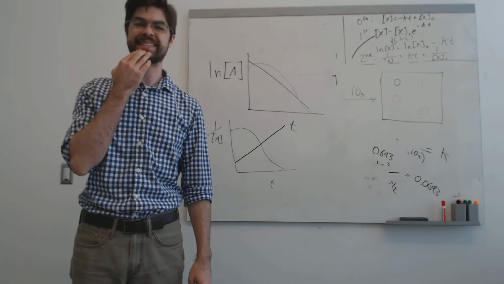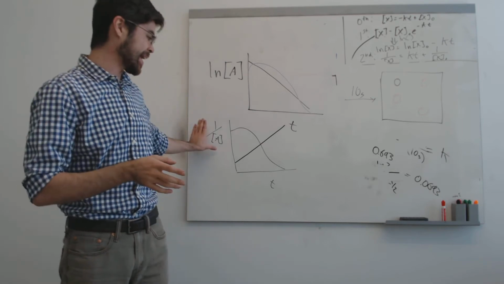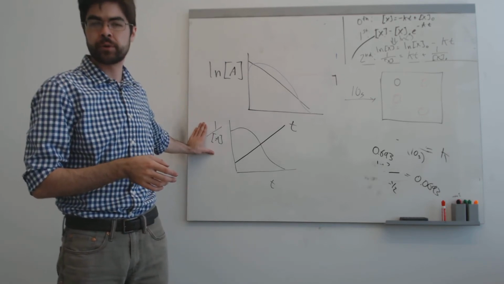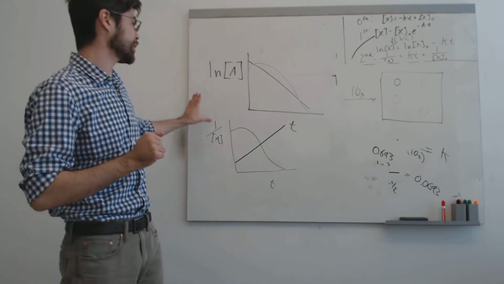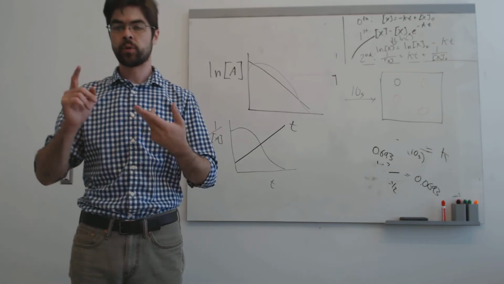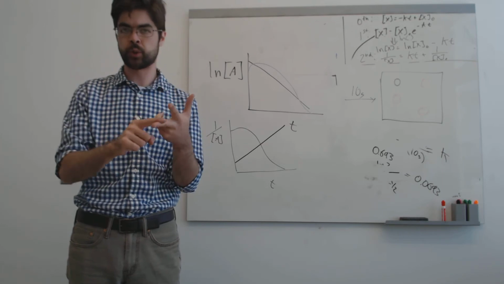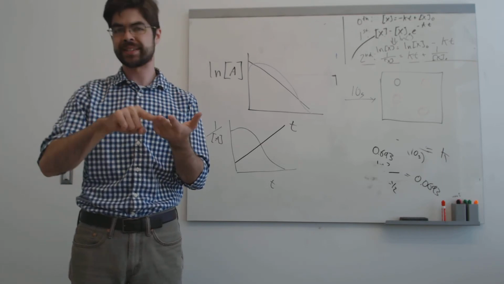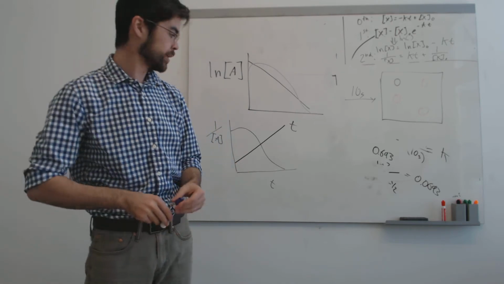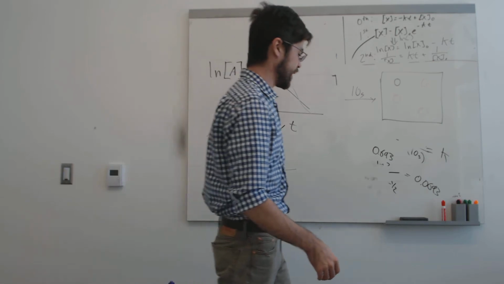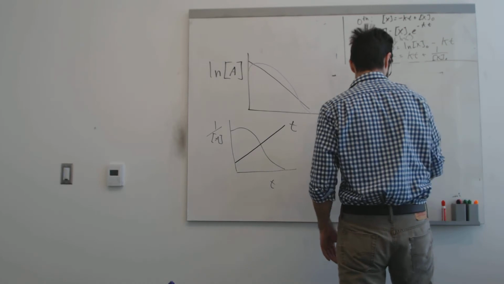It's not so much that you can identify it, but mostly what you'll do is identify it as being first, second, or zeroth order, or not first, second, or zeroth order. I can't just look at one chart and say that it's zeroth, first, or second. I might be able to say that it is or is not first order, or that it is or is not second order, or zeroth order. A zeroth order reaction would have a linear dependence if I plot just the concentration versus time.